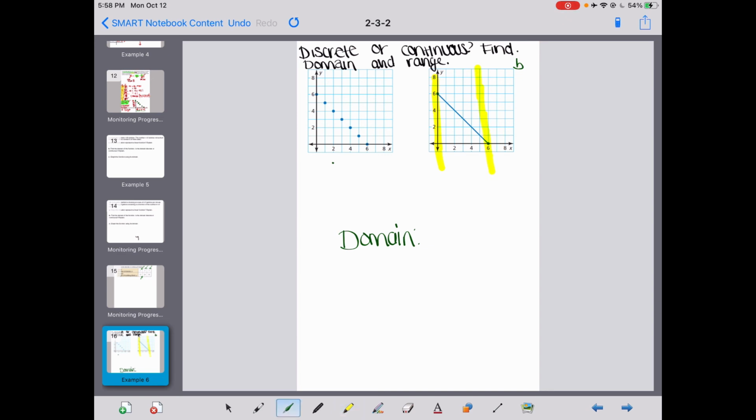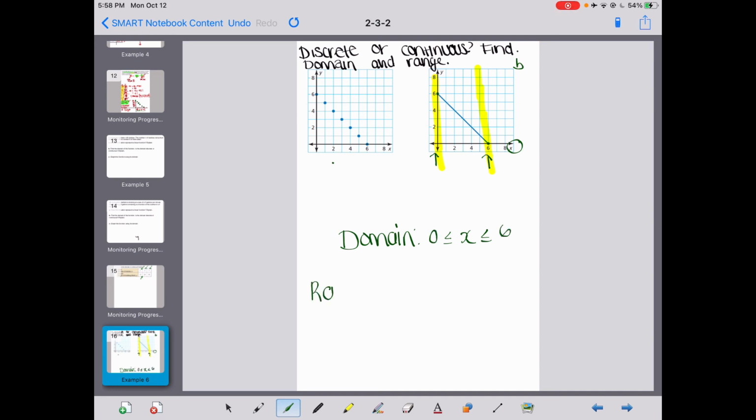And you're asking yourself, what's the smallest and the largest x value that my graph touches? And that goes into an inequality where x lies between, we use the less than or equal to symbol, the smallest value, which is 0, and the largest, which is 6.